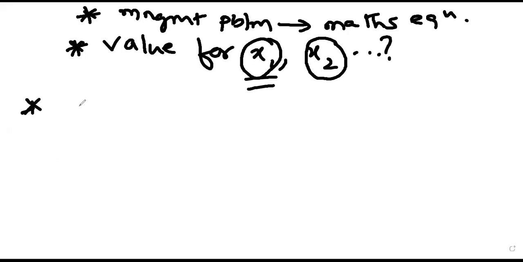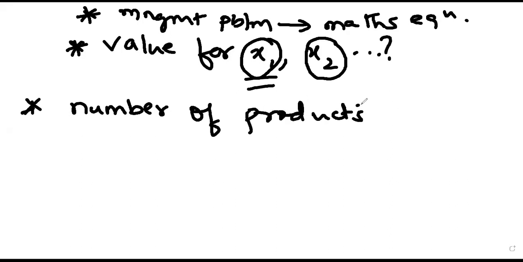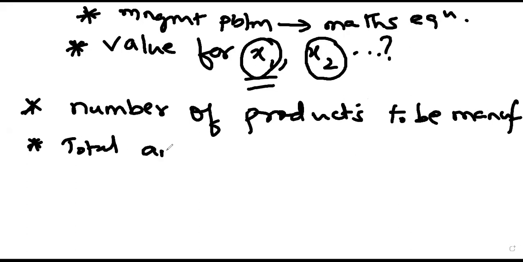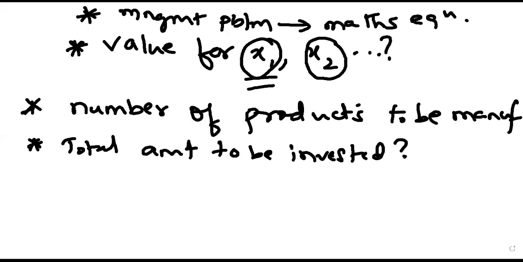Indirectly, we have to determine the number of products to be manufactured, and similarly the total amount to be invested, and different types of things. All these can be identified by LPP. That is the main intention of LPP.